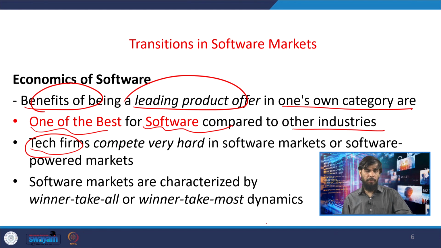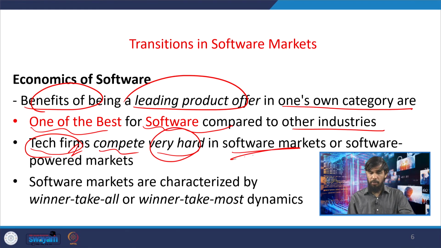Because of that, fierce competition happens. Tech firms compete very hard in software markets or software powered markets, because once they become the leading company or have a leading product offer, the gains they get will be very significantly larger. So there is fierce competition that takes place.